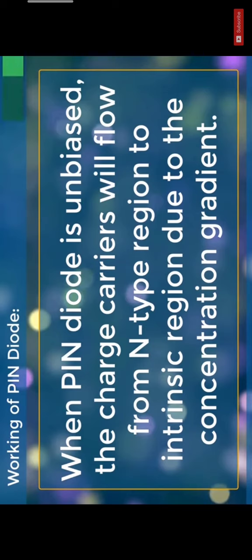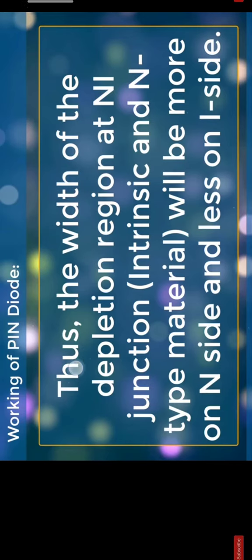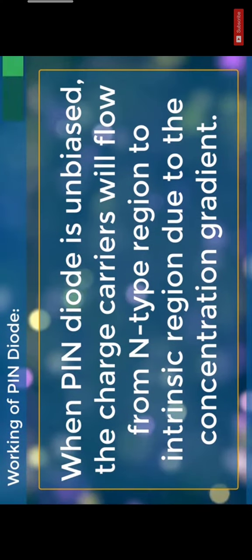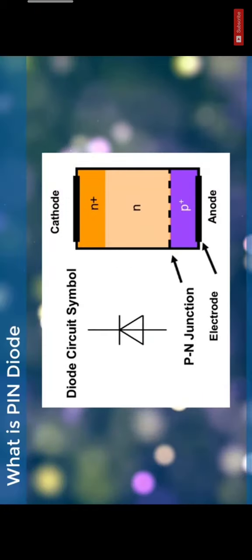So basically the PIN diode works like a photodetector when it is connected in a reverse bias condition. When the PIN diode is unbiased, the charge carriers will flow from the n-type region to the intrinsic region due to the concentration gradient.